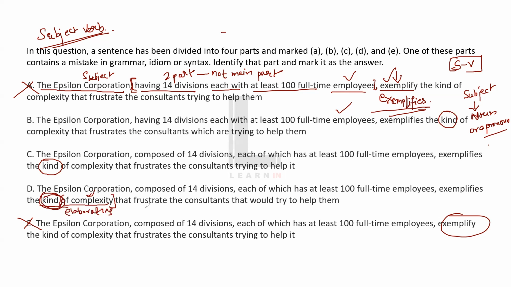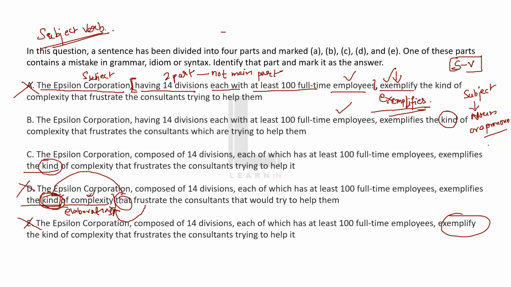That frustrates, right? Always, 90% of the time, the verb would come for the thing before. This, that talks about the kind of complexity. So is kind singular or plural? Kind is a singular entity, the kind of, the kind.